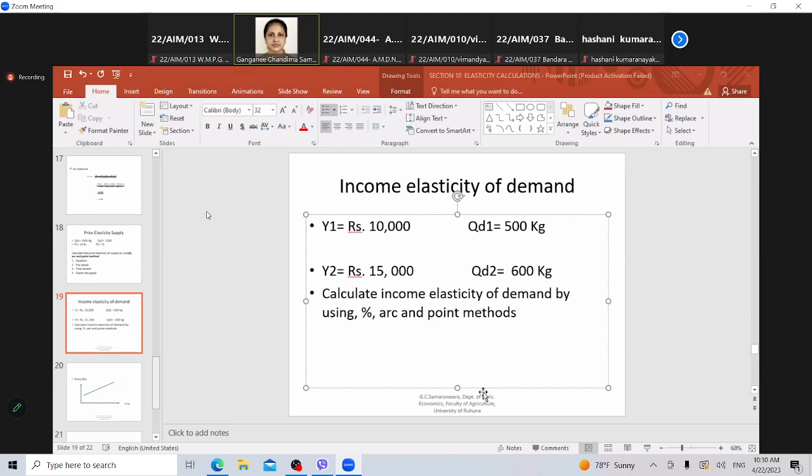Then I can be satisfied with this section. If you finish the calculation part, then I can be satisfied that the majority understood the concept at least, how to calculate. Okay, please try.